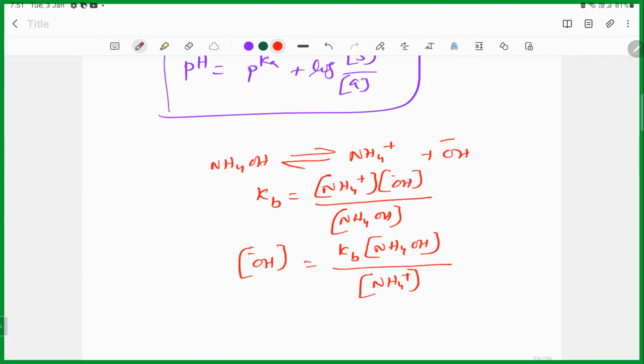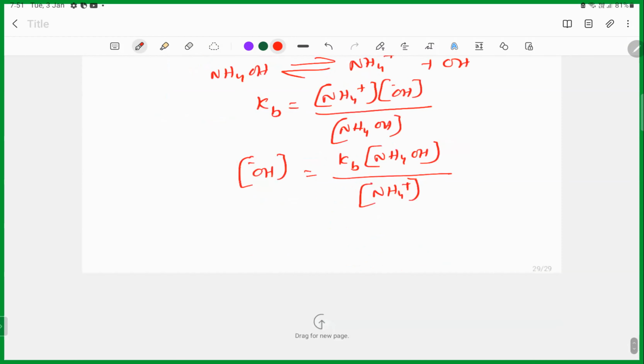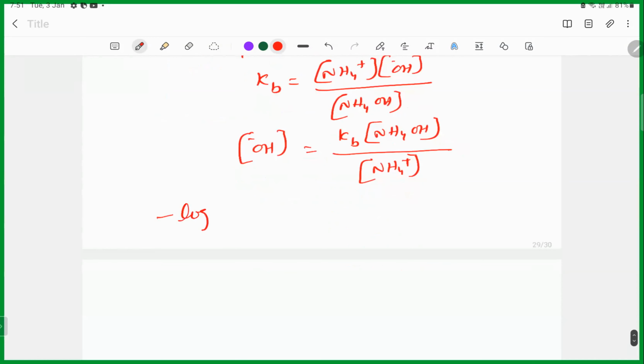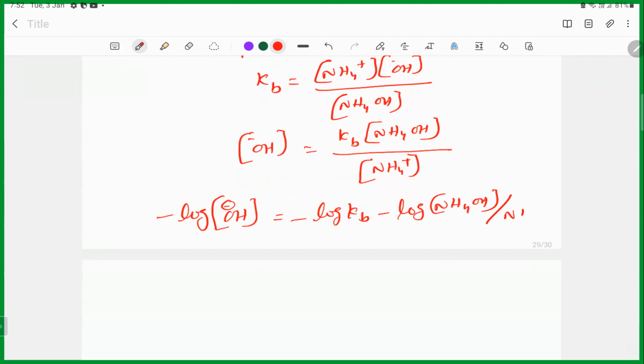So taking log on both sides, minus log OH minus is equal to minus log Kb minus log of NH4OH concentration divided by NH4 plus.